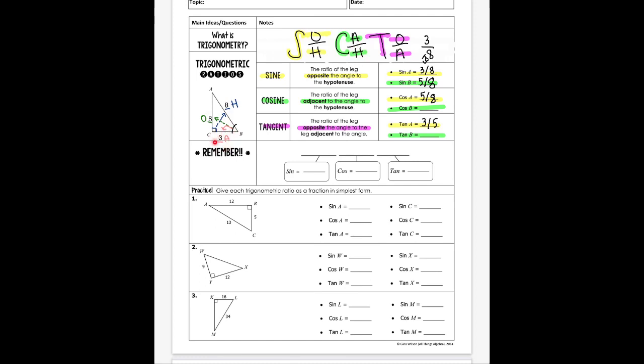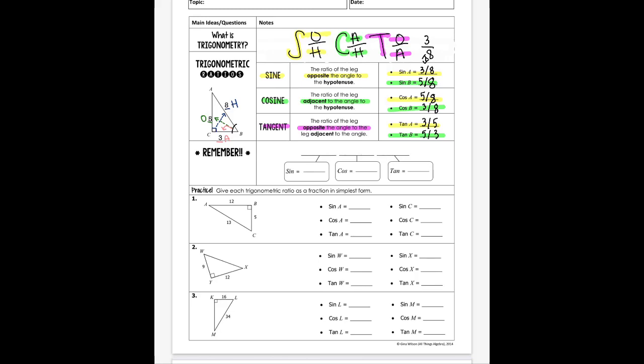We said the adjacent was 3 and the hypotenuse was 8. So this one is just going to be 3/8. And lastly, the tangent of B is asking for the opposite over the adjacent. The opposite is 5 and the adjacent is 3. So this ratio is just going to be 5/3.